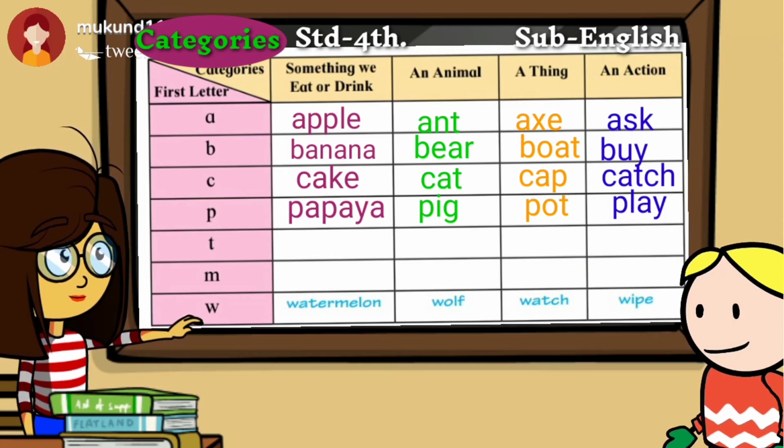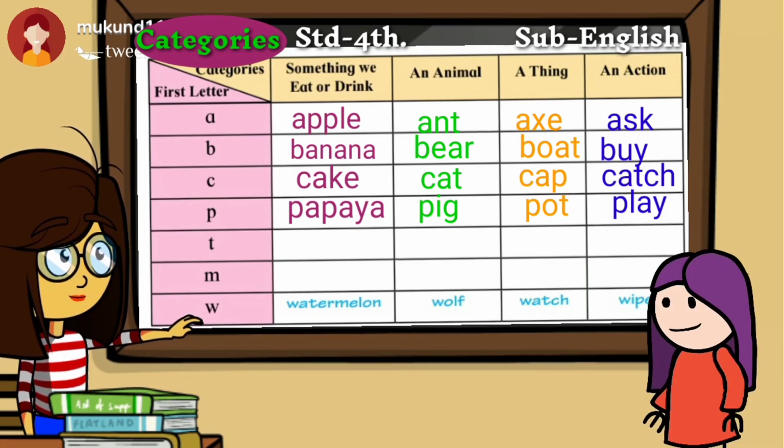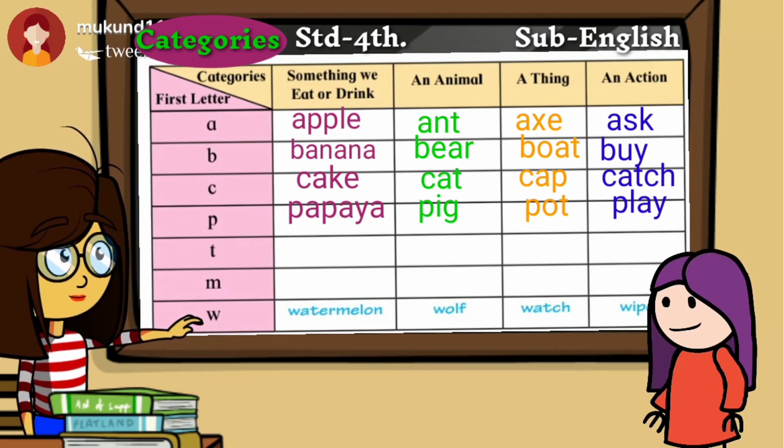Now, come here, Nita. Okay, teacher. Nita, now you tell me something we eat or drink. Which is first begins with T. Begins with T. We can eat or drink. Oh, tea.